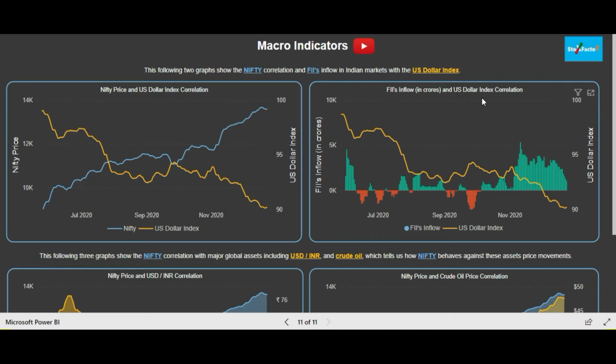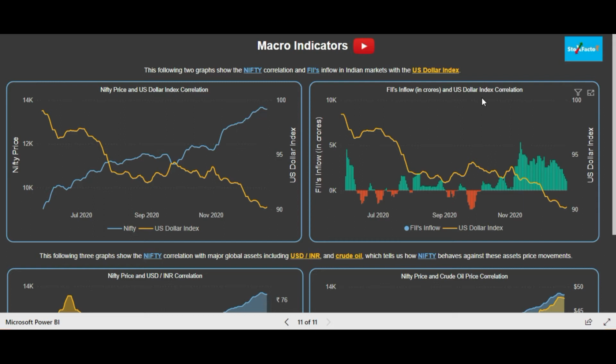The US dollar index is a measure of the value of the US dollar relative to the value of a basket of currencies of the majority of the US's most significant trading partners. This index is similar to other trade-weighted indexes which also use the exchange rates of some other major currencies.